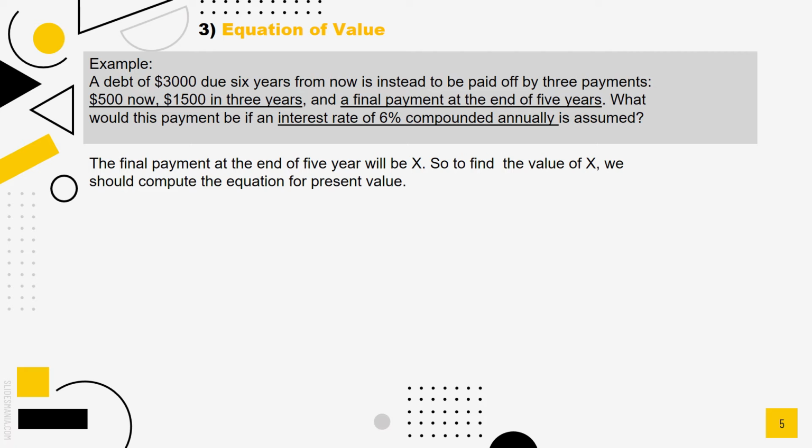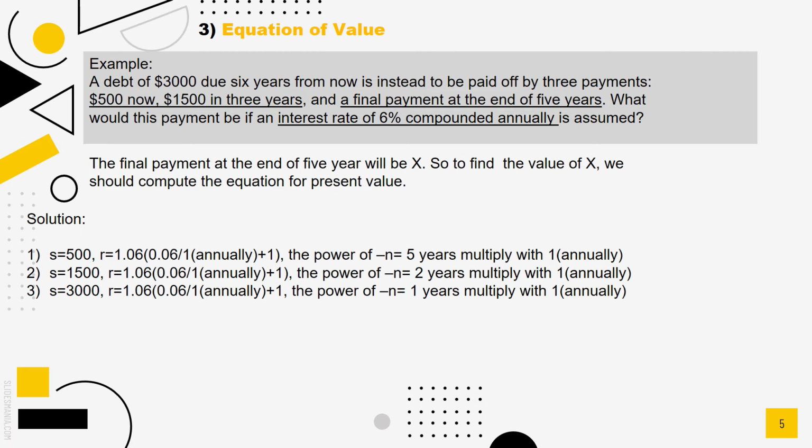So the final payment at the end of 5 years will be x. To find the value of x, we should compute the equation form for present value. So the solution is we should recognize S, R, and negative n's.